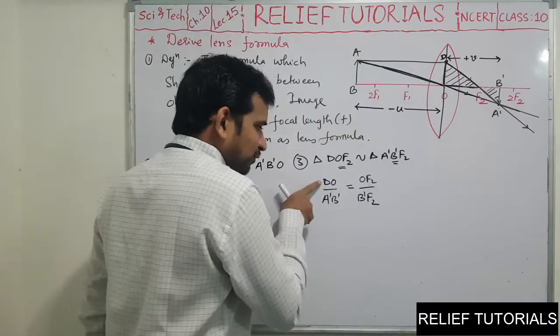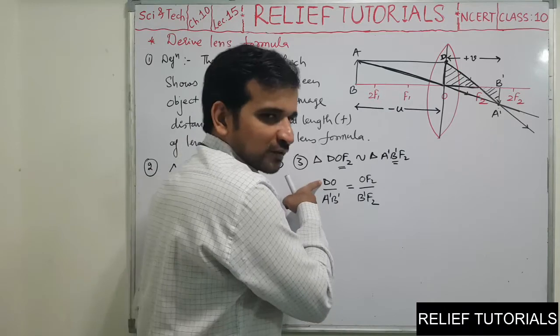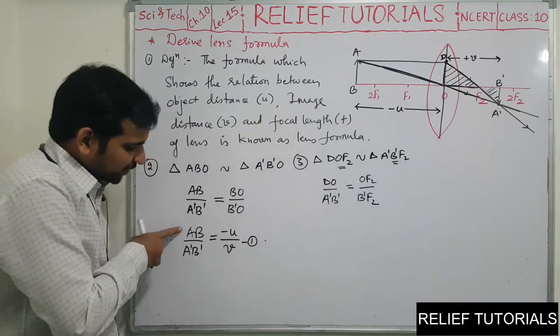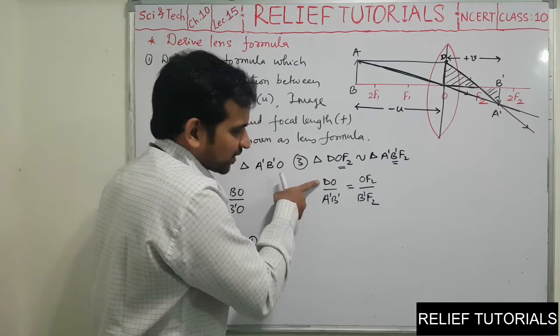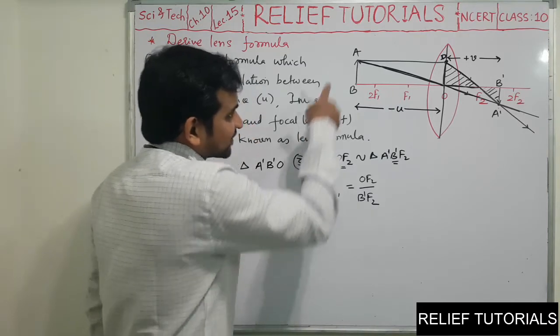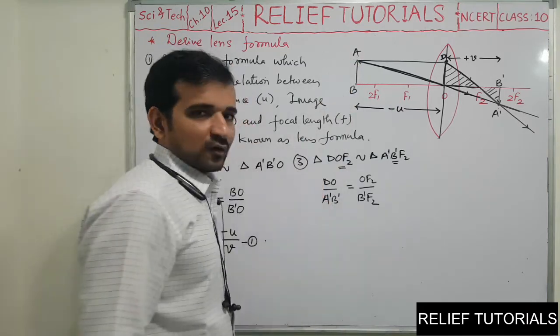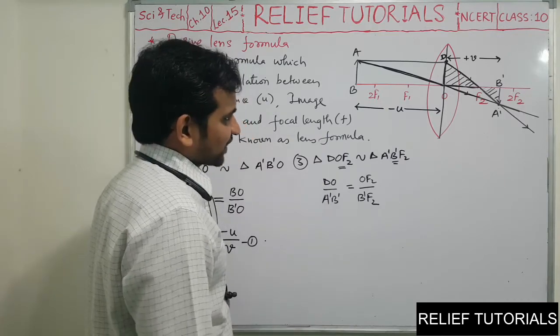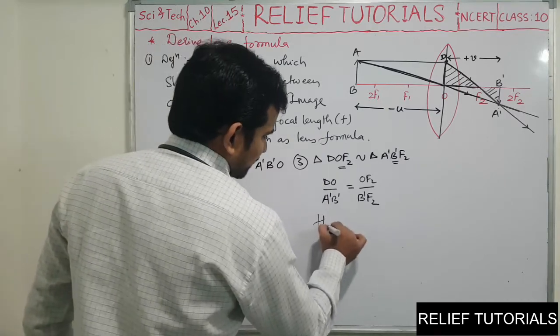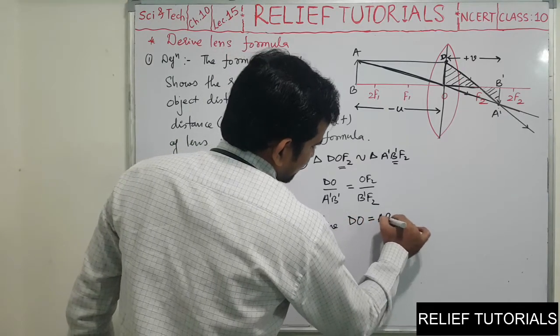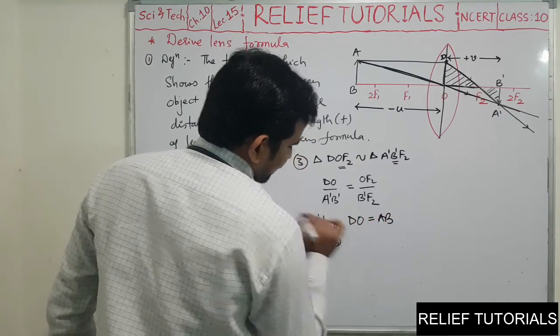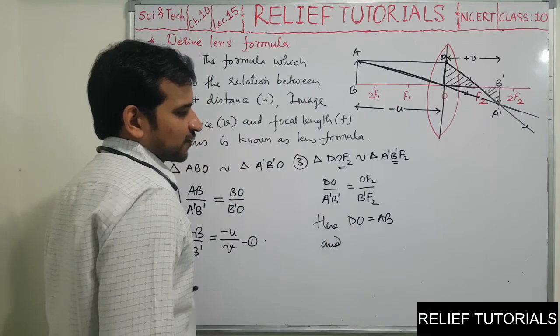Why are we doing this? Because the first result is of AB upon A dash B dash, so we require AB here. So here we replace DO with AB.